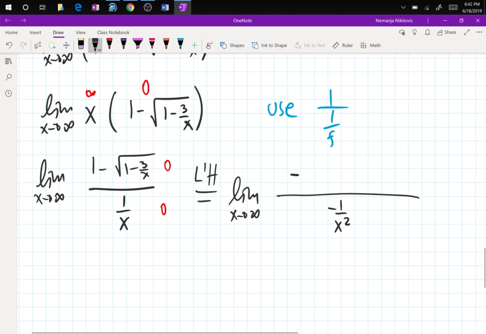So we copy the negative sign, and now we have the derivative of the square root. We know the derivative of a square root is always 1 over 2 times the same square root. And then we take the derivative of what is under the square root and multiply as a chain, which in our case would be 3 over x squared.